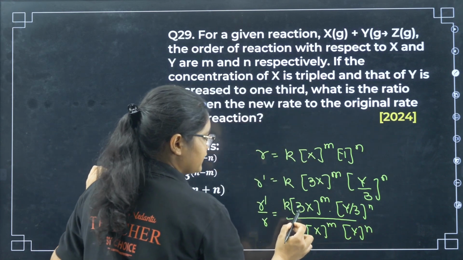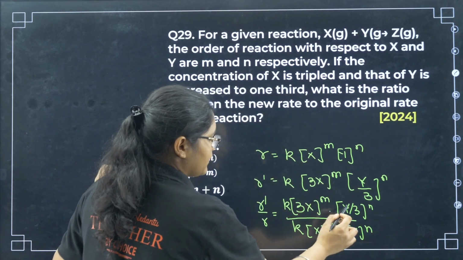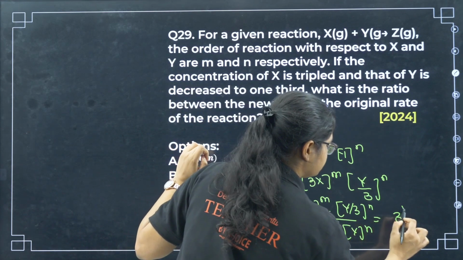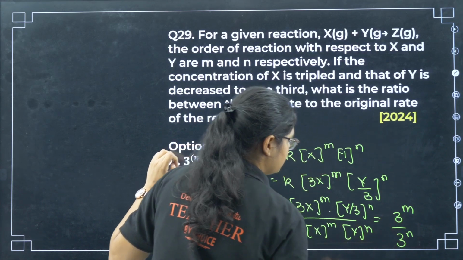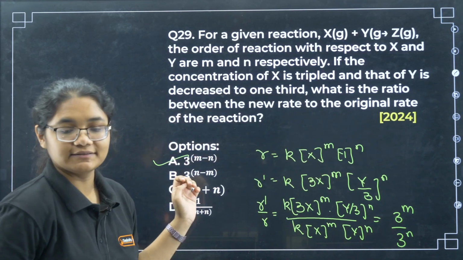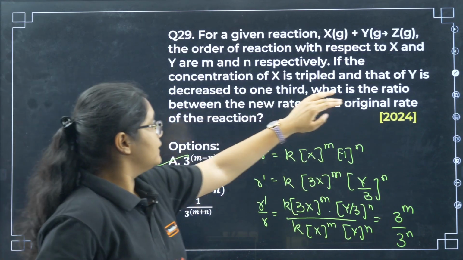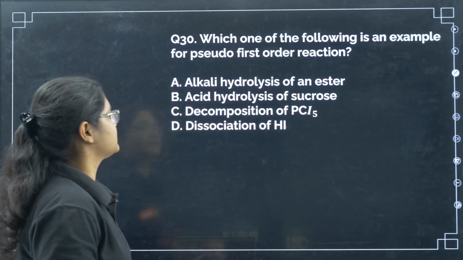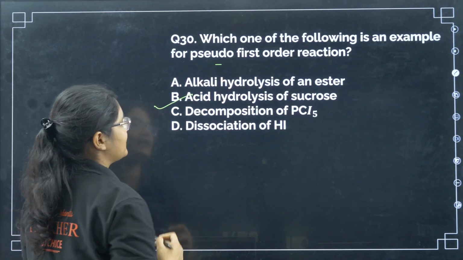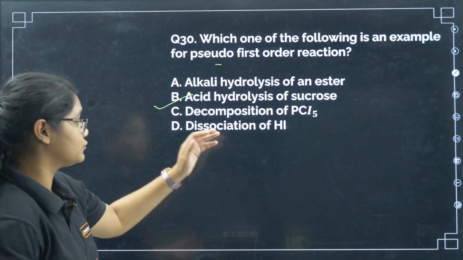So I will get 3 to the power of m and 3 to the power of n. So that can be written as 3 to the power of m minus n, option number A. Next, last question, which is an example of pseudo first order reaction, acid hydrolysis of glucose or sucrose, sorry.